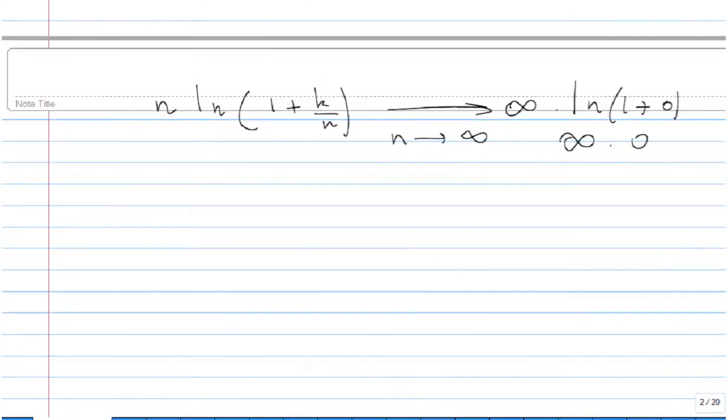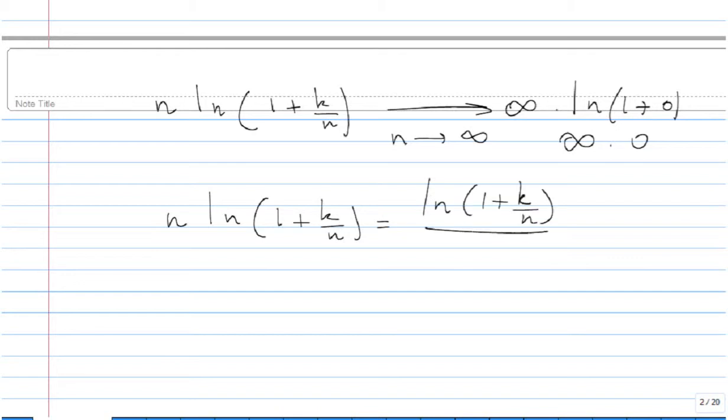So here we have a choice. Either we bring down n or ln. If we bring down ln, it becomes very complicated, 1 over ln, so we're going to bring down n. So this becomes ln(1 + k/n) over 1/n. You see now the top goes to 0, ln of 1 is 0, and the bottom goes to 0, so we can use L'Hopital's rule.